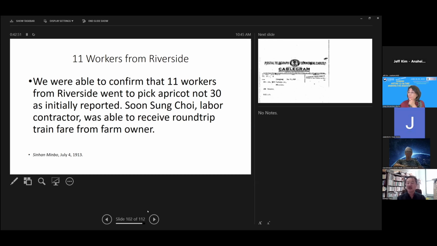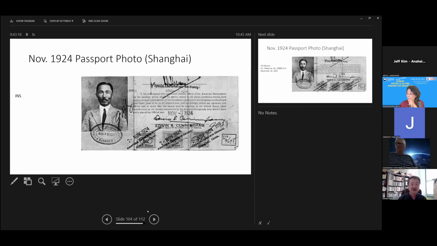So Japan has no jurisdiction over Koreans in the United States, and could not really intervene. Instead, the Korean National Association and Korean immigrant workers were able to maintain their Korean identity and continue their independence activities in the United States, which is a very, very important historical event.